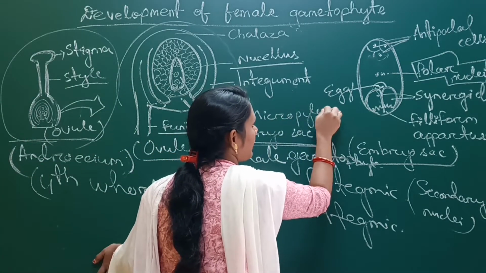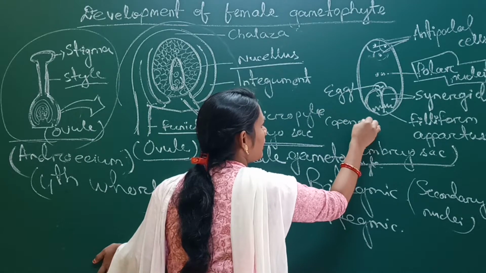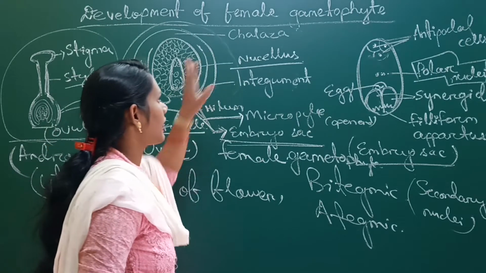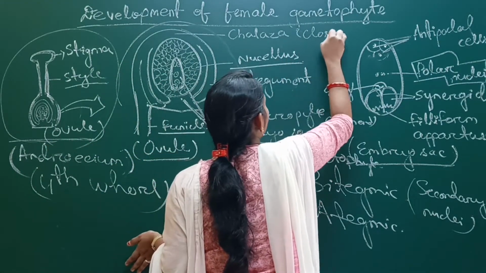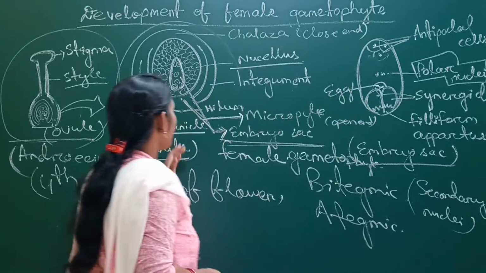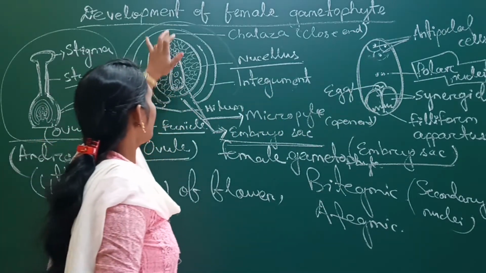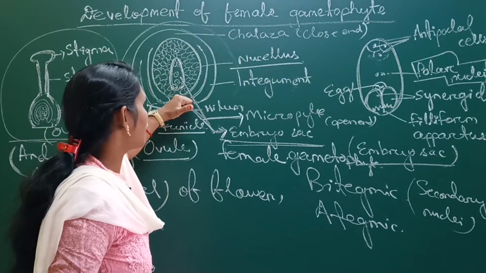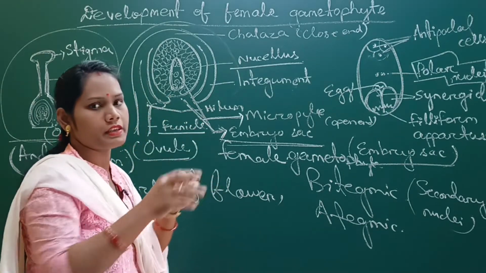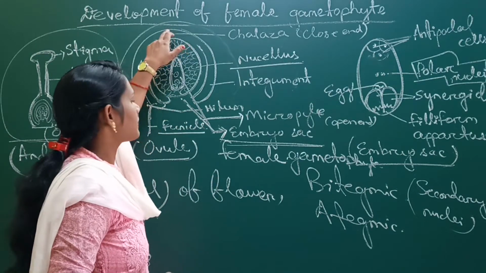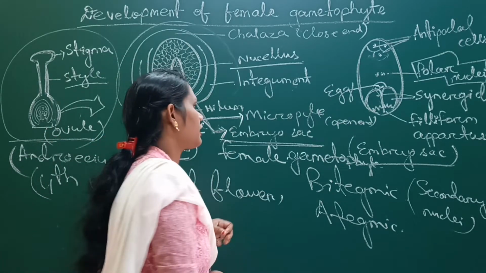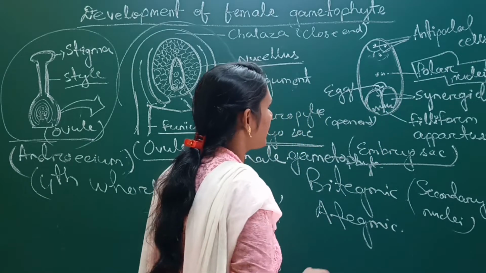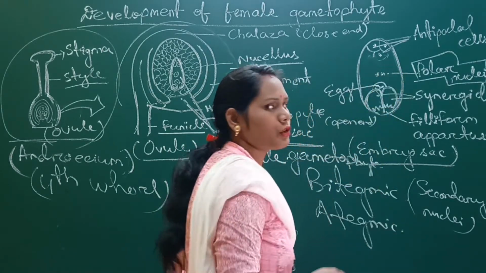This end is the chalazal end, which is also called the chalaza, and it is the closed end of the ovule. The micropylar end is the apex or upper part of the ovule, and the chalazal end is the base or lower part of the ovule.